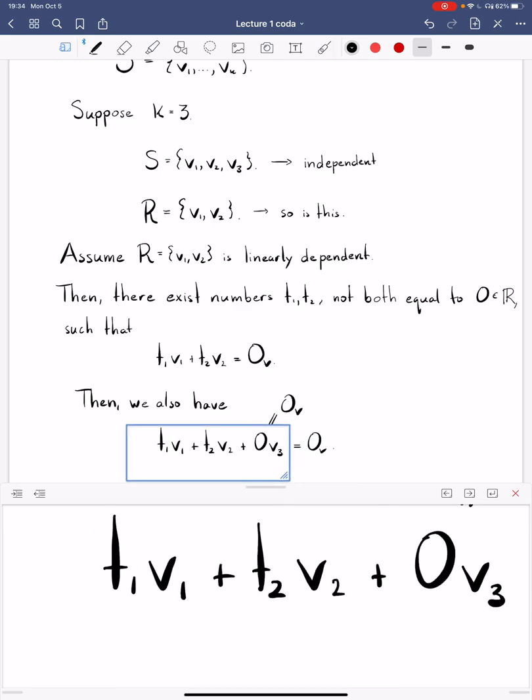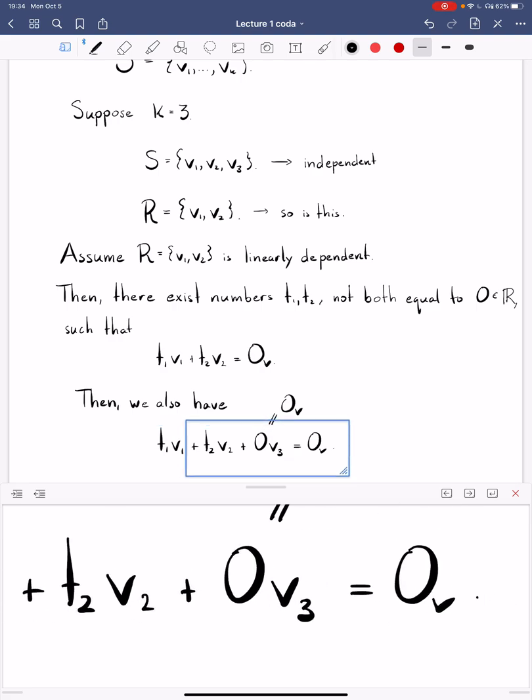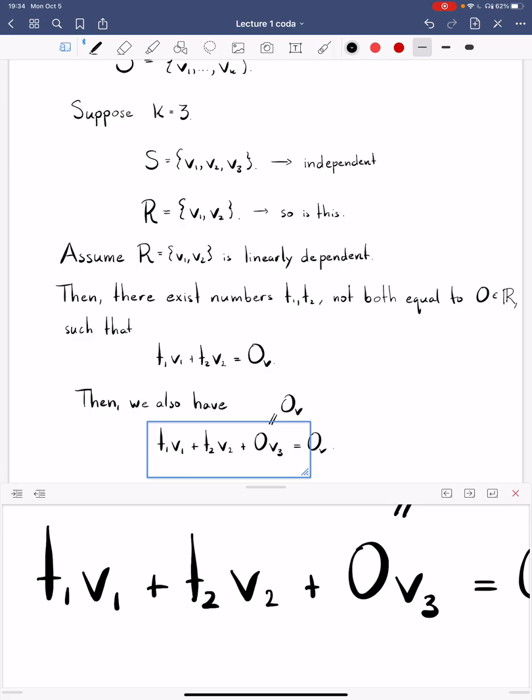And this can't be the case, right? Because what I've just done is I've produced three numbers, t1, t2, and 0, which make v1, v2, and v3 add up to the 0 vector. And moreover, at least one of t1 and t2 is not equal to the number 0, right? So the set of numbers t1, t2, and 0, one of them is not equal to the number 0.